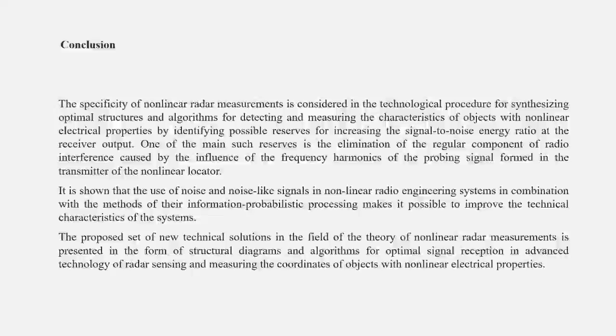One of the main such results is the elimination of a regular component of radio interference caused by the influence of the frequency harmonics of the probe signal formed in the transmitter of the nonlinear locator. It is shown that the use of noise and noise-like signals in nonlinear radio engineering systems, combined with methods of probabilistic information processing, makes it possible to improve the technical characteristics of the systems.